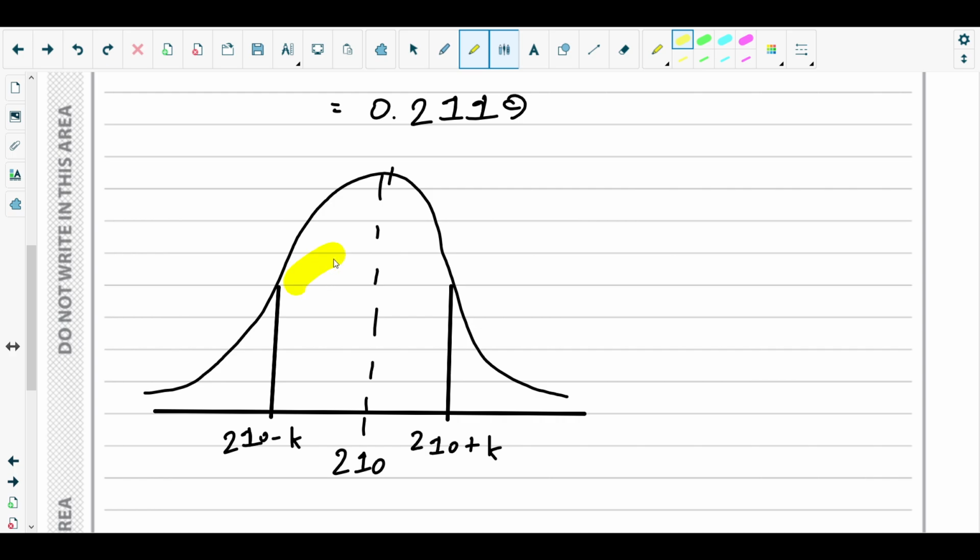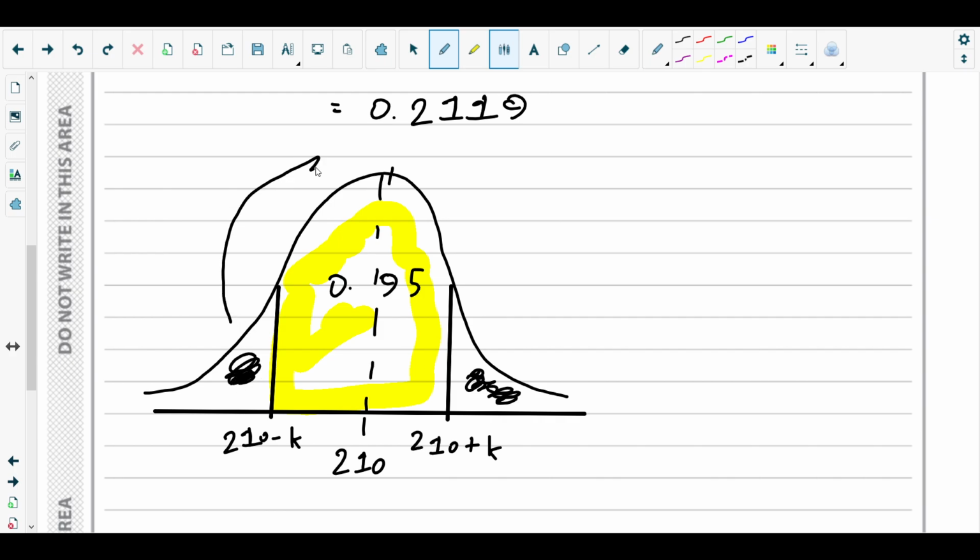That means this area is basically 0.95. Since this area is 0.95, using symmetry we can say that this area and that area will both add up to 0.05. 0.05 plus 0.95 is a total of 1.